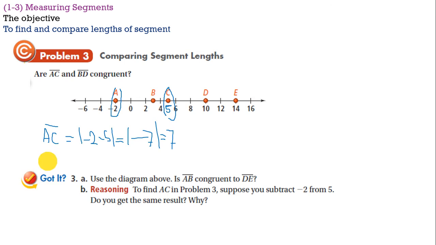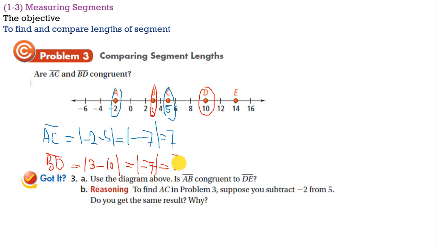BD is equal to, this is B, which is 3. Now D, where is D, which is 10. This is the coordinate. So the absolute value of 3 minus 10, which is the absolute value of -7, which is 7.